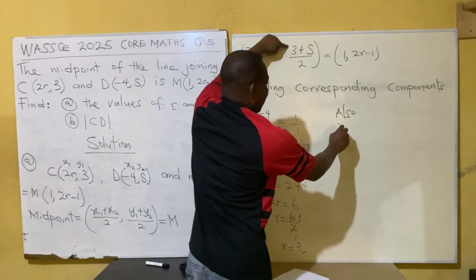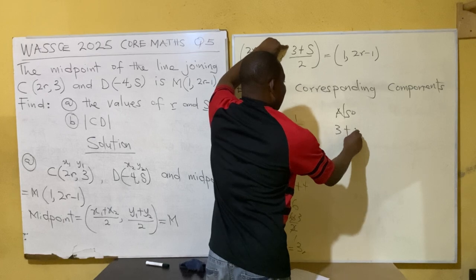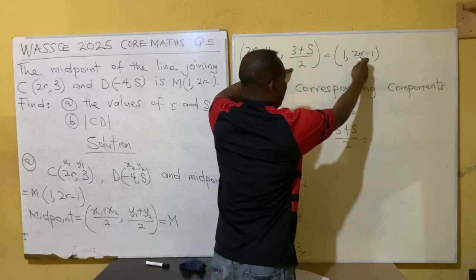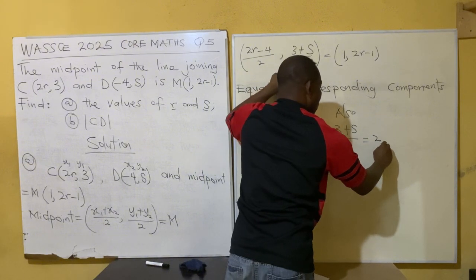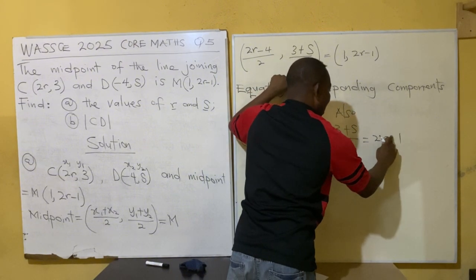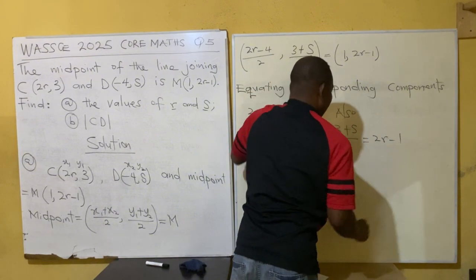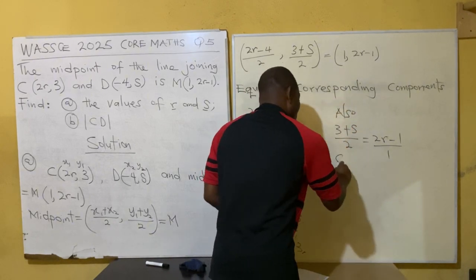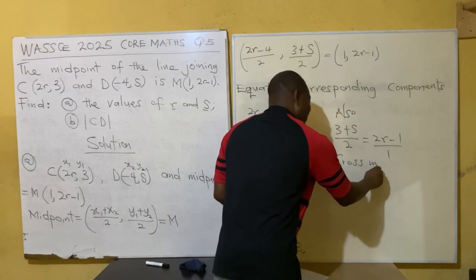Also, we have (3 + s) over 2 being equal to this, which is 2r - 1. So 2r - 1 is everything over 1. So we also cross multiply.